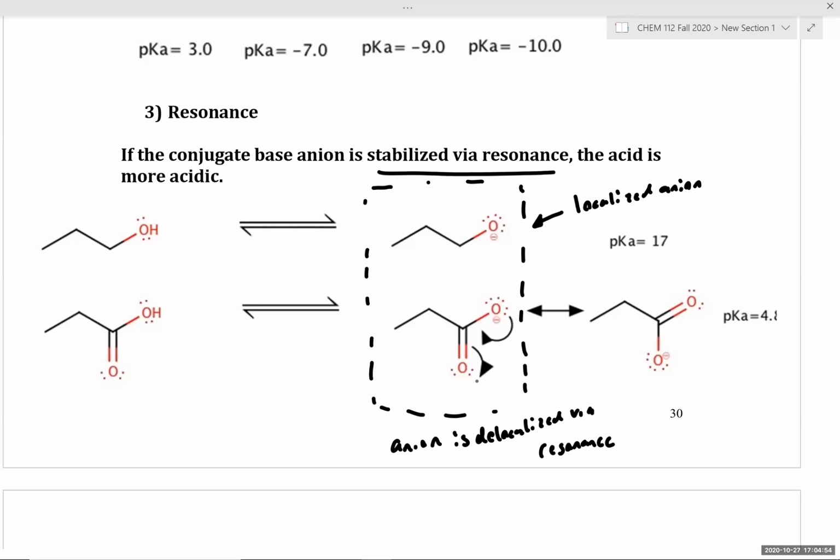Do these ideas make sense to everyone so far? You're really going to need to be familiar with anion stability and whether we're dealing with a localized or delocalized charge, and whether or not we're dealing with a basic or a less basic anion, because this plays a huge role when we discuss nucleophilic reactions and other subclasses of polar reactions.